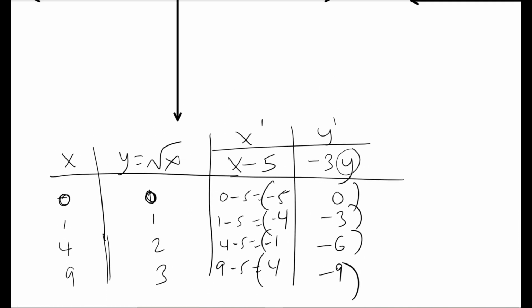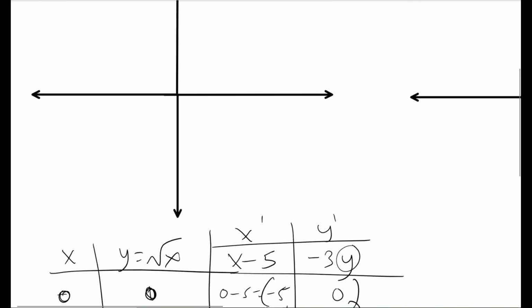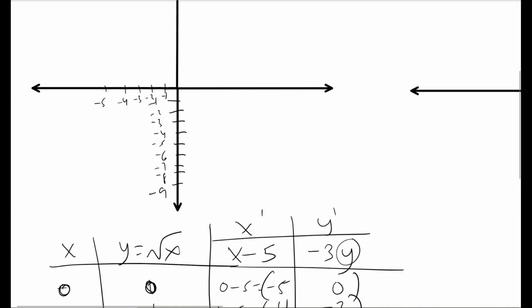Okay, so we got -5 all the way to -9 here. We got all the way to -1, 2, 3, 4, 5. All right, so -5, 0.